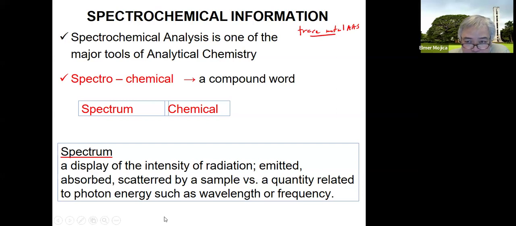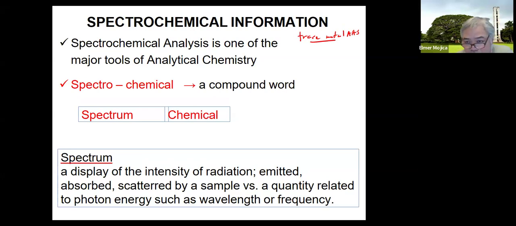And then you have the UV and visible absorption. Usually they are molecular absorption and fluorescence methods. They are extensively employed for the determination of both metallic and non-metallic elements, for inorganic or organic species.